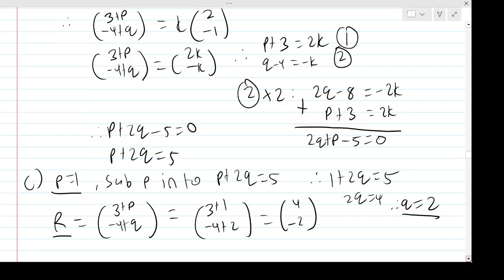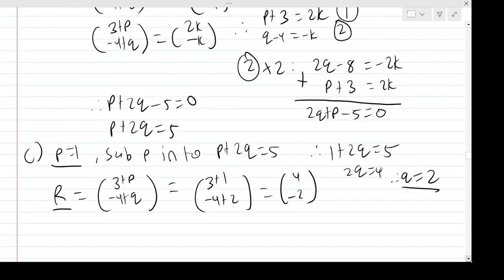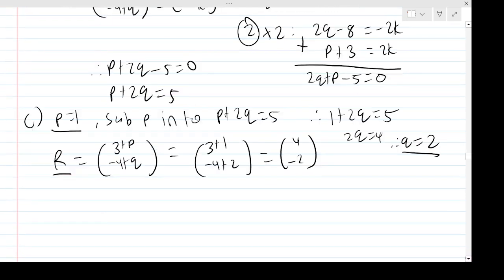And that is my vector R. And then the magnitude of R is going to be the x part and the y part all squared together. So it's the square root of the x part, 4 squared, add the y part, or the j part, which will be minus 2 all squared. If I put that in the calculator, then I get that the magnitude is 2 root 5. Cool.